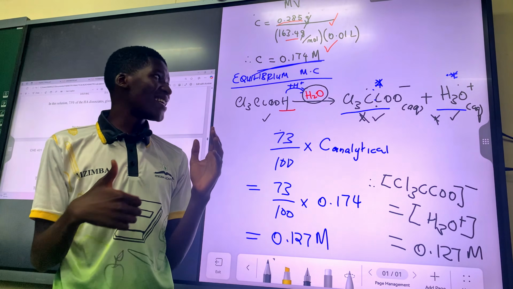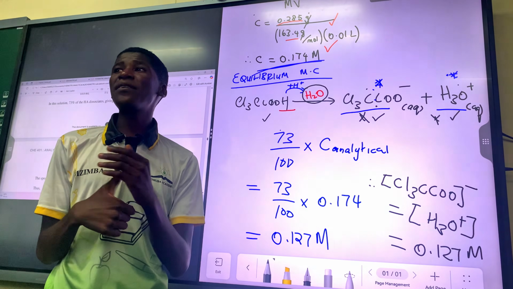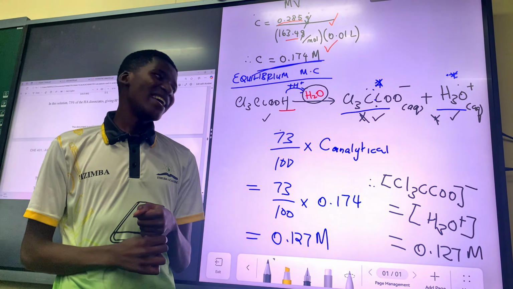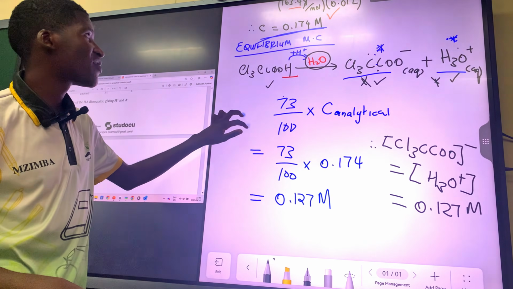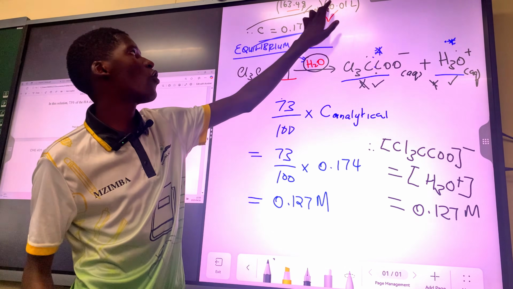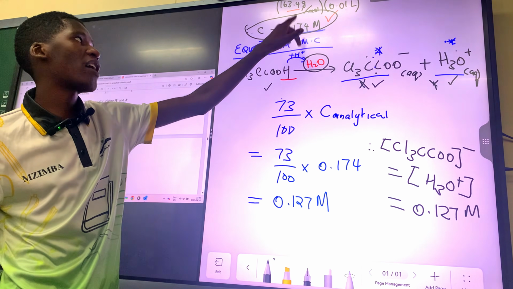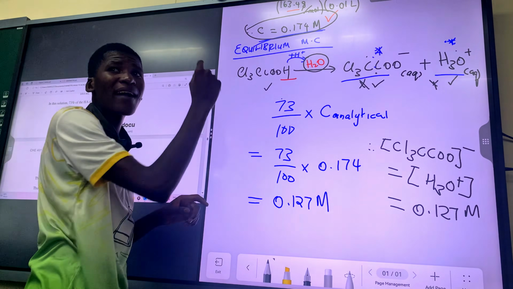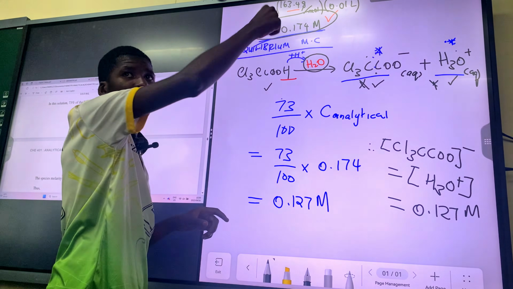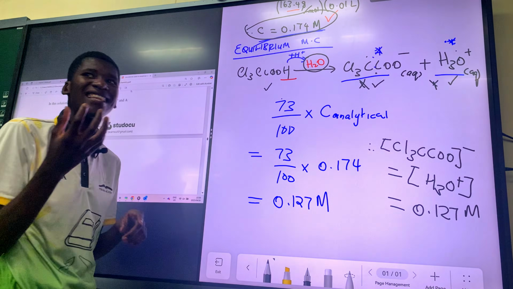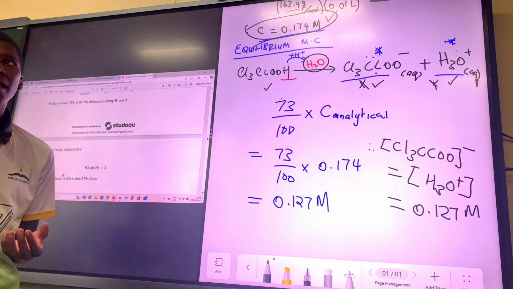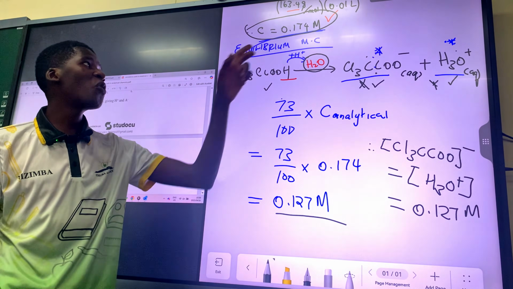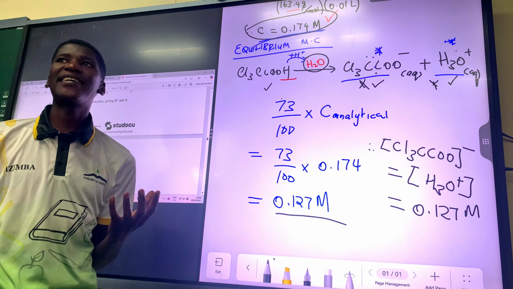But remember, equilibrium molar concentration, you find the molar concentration for each and every substance that is remaining there. In this case, what we know is that analytically this was the analytical molar concentration. We had Cl3CCOOH at 0.174 molar. This is the concentration that we had at first. But after ionizing, only 0.127 molar out of this 0.174 molar ionized.